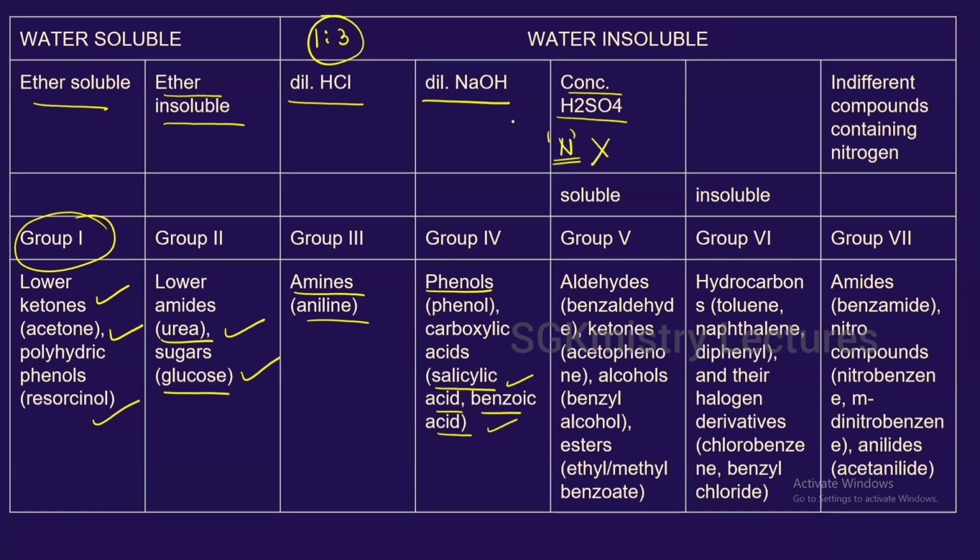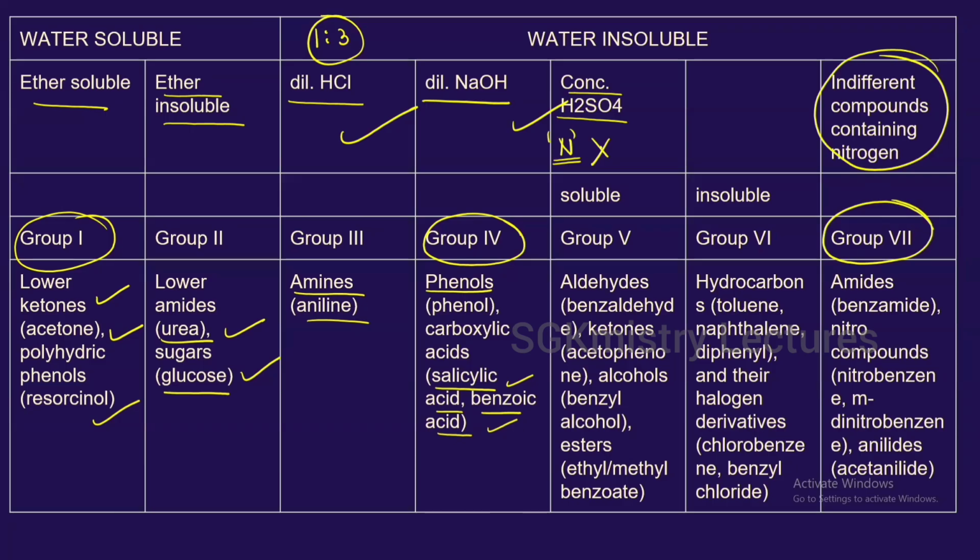Once you know that nitrogen is present, you need not even check for dilute NaOH, because in dilute NaOH, mainly phenols as well as carboxylic acids are the ones which are present, so obviously they don't contain nitrogen. So when you do the test for elements, if nitrogen is present, then don't check for dilute NaOH either. Once you're done with this, you can directly decide that the compound belongs to group 7.